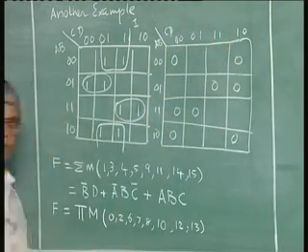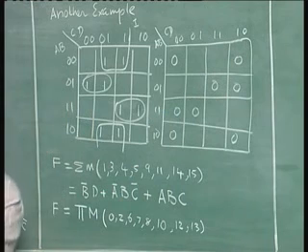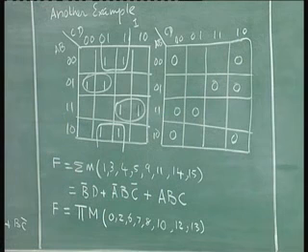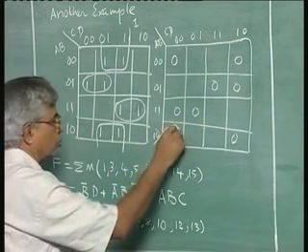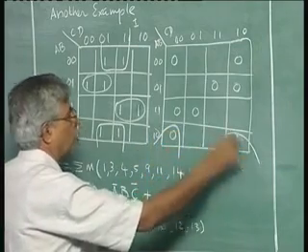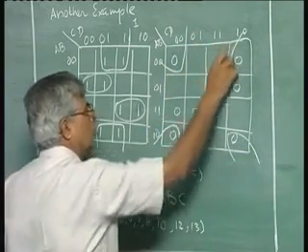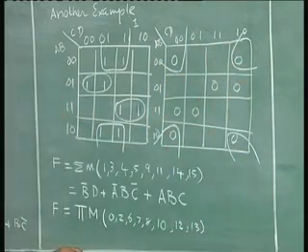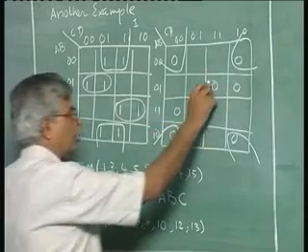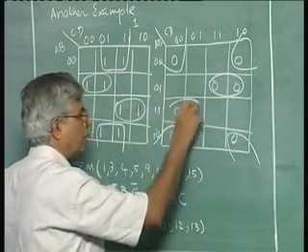So I can group these zeros into groups of 2 zeros or 4 zeros or 8 zeros, as the case may be, based on the adjacency rule, and then try to read them. So these 4 zeros form a group. These 2 zeros form a group.